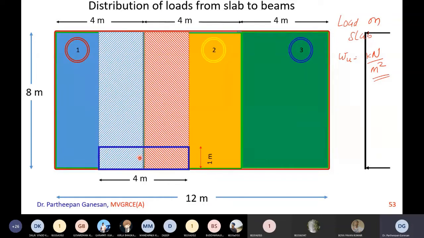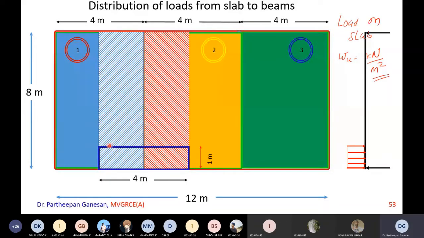That will act as a UDL on the beam. Kilonewton per meter square into 1 meter into 4 meter will become 4 Wu kilonewton. So 4 Wu kilonewton per 1 meter length of the beam.